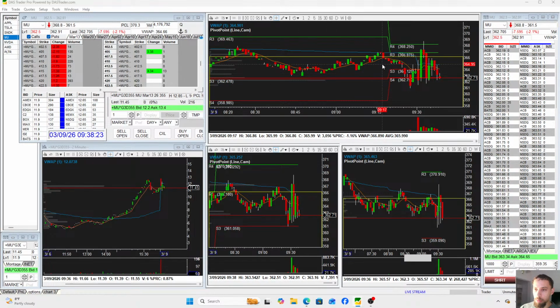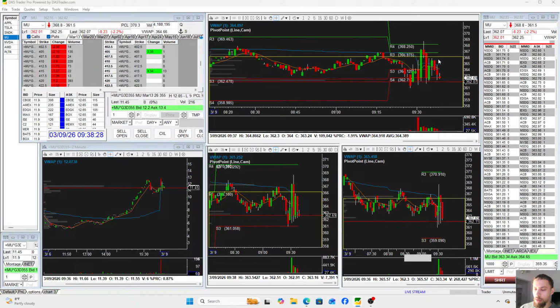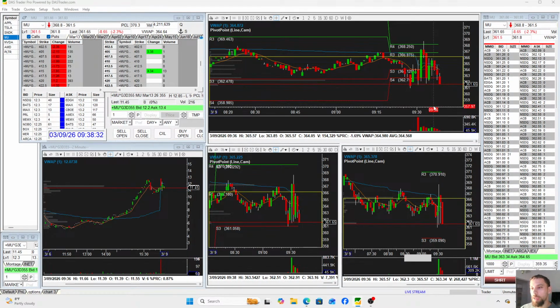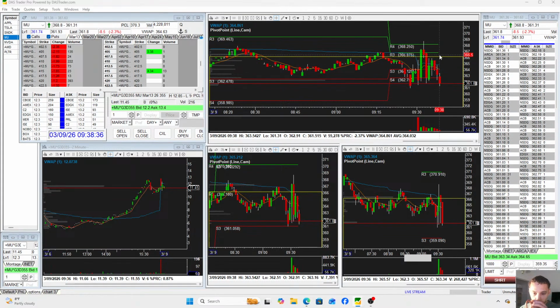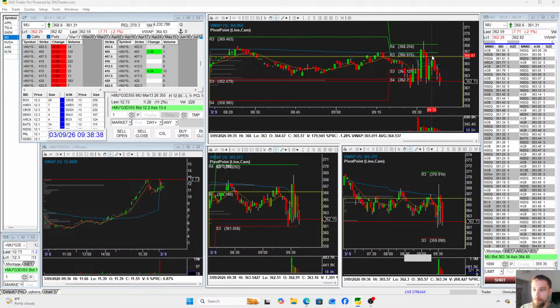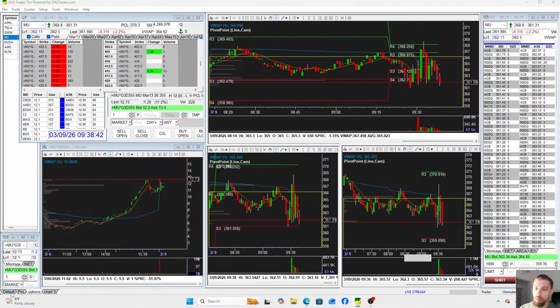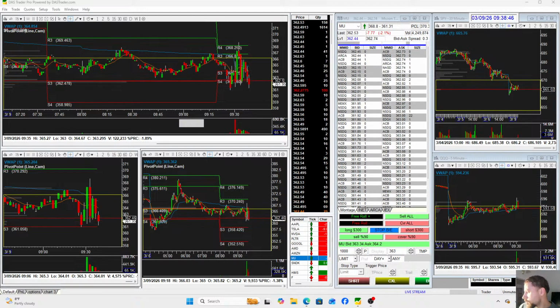I could take a small short here, but it's a little bit extended from the box, so if it goes there and I miss out on the opportunity, so be it. I want to give myself the best possible risk to reward. I'm just swinging back.